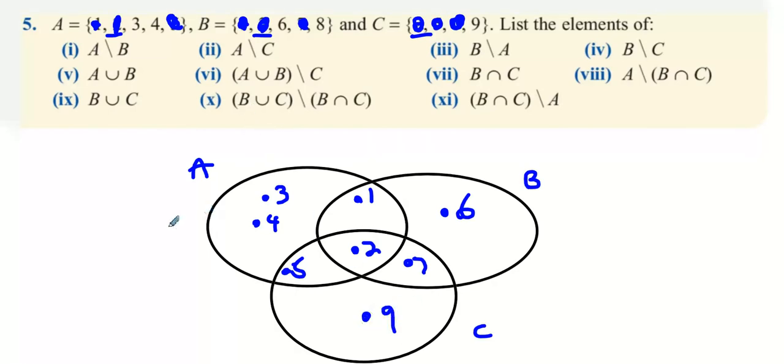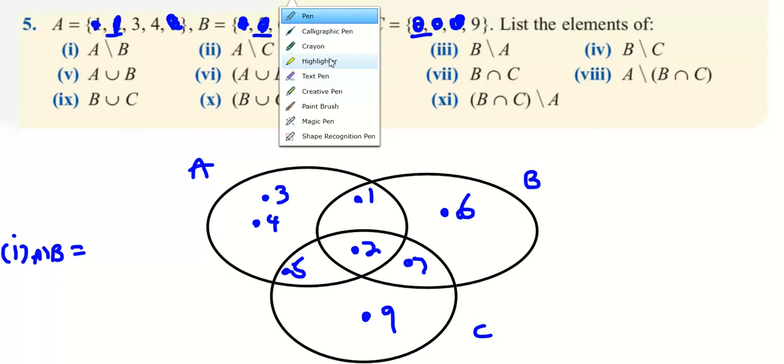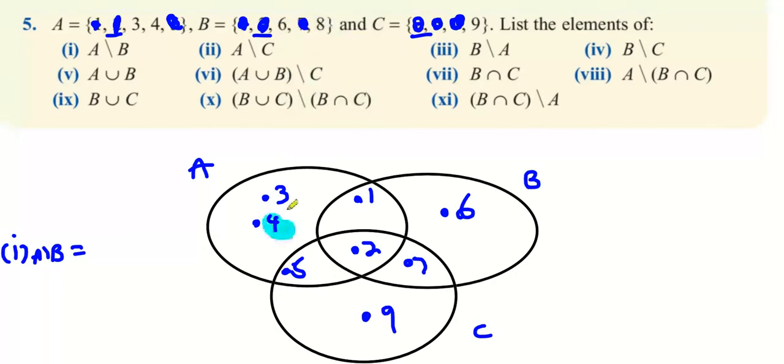Okay, so let's get working on a few of these questions. So what's A less B? Everything in A that's not in B. Here's everything in A that's not in B, because you're not allowed in the intersection with B. So it's 3, 4, and 5.